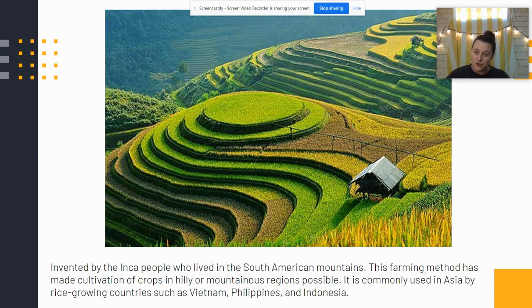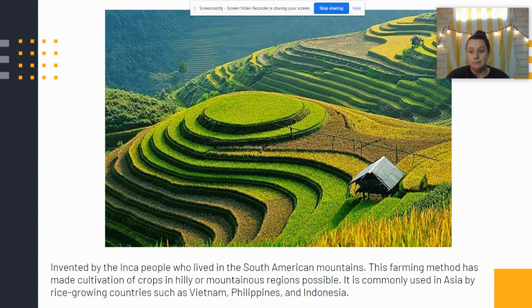Because of their elevation, their soil type, etc. And so these terraces, or these steps that are dug into the side of these mountains, allow cultivation of crops, whereas before it wouldn't have been possible.